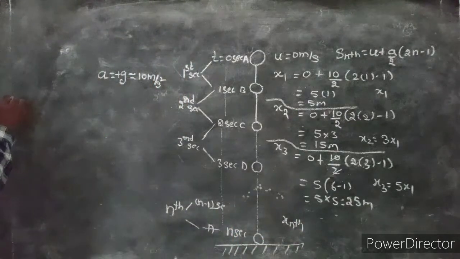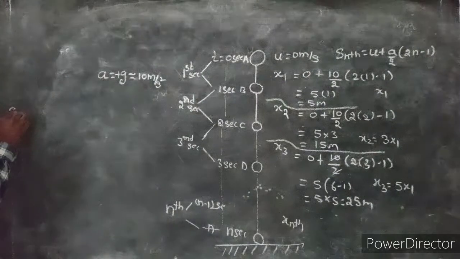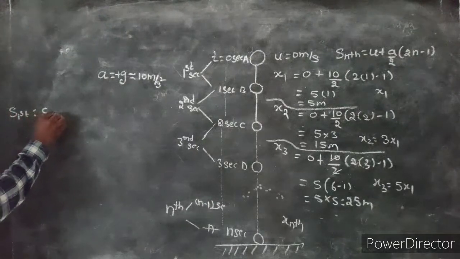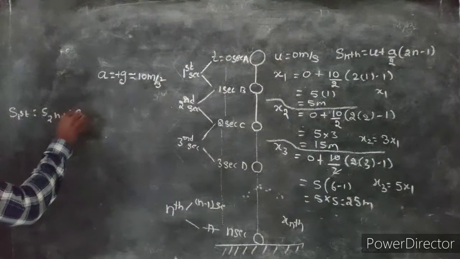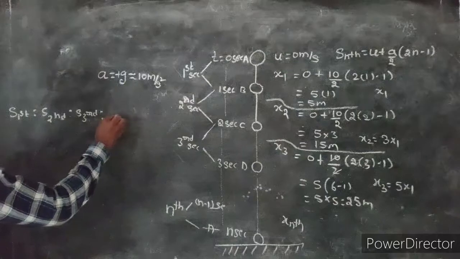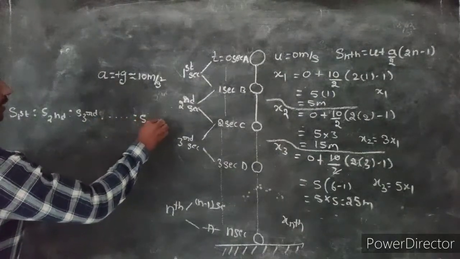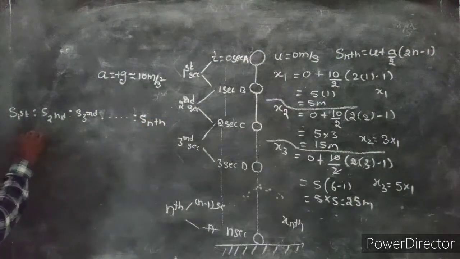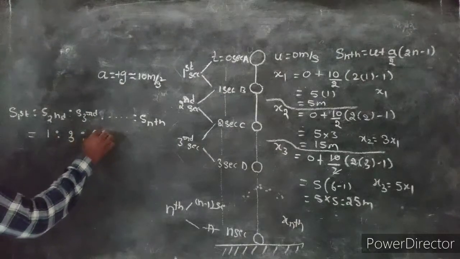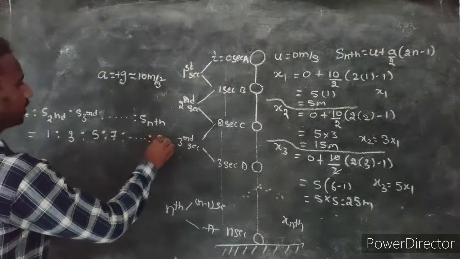So the ratio of displacement at first, second, third and nth second: S1 at first second displacement, at second second displacement, next one at third second displacement, and so on up to the displacement at nth second, is equal to how much? 1 is to 3 is to 5 is to 7 is to and so on up to 2n minus 1.